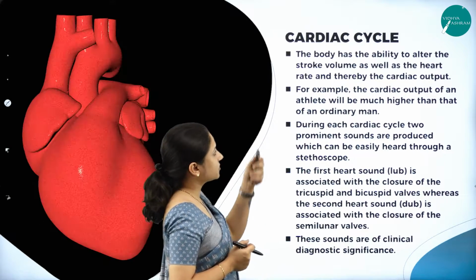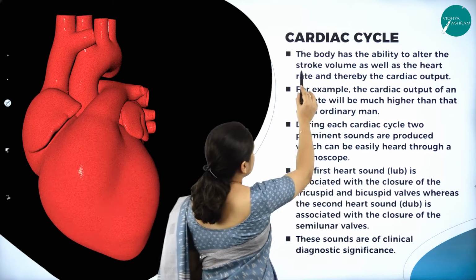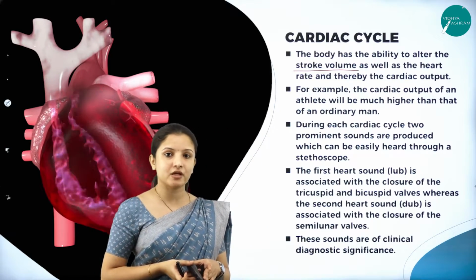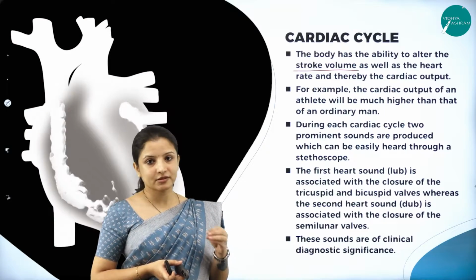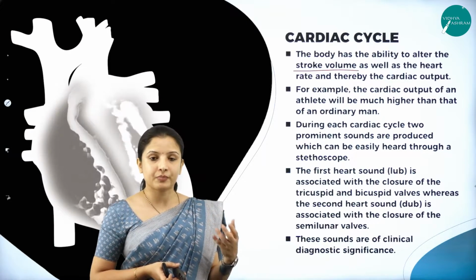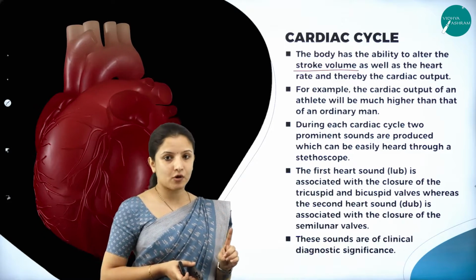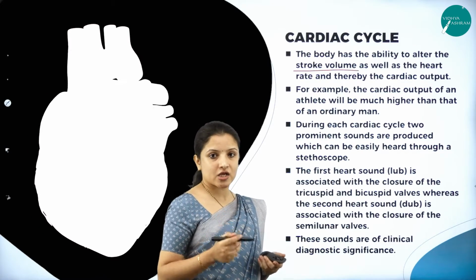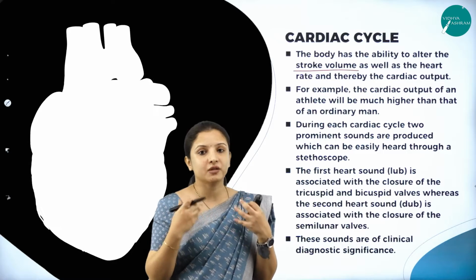So moving further, our body has the ability to alter the stroke volume. That's true, right? It is not that every individual can produce 5000 ml of blood, or that the ventricle pumps out exactly 70 ml of blood per beat. So why is there variation? Sometimes when we exercise, the pumping of the blood will be more.